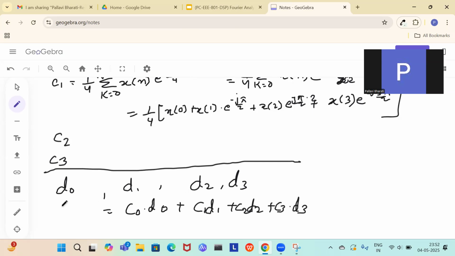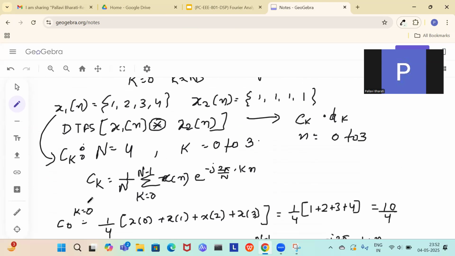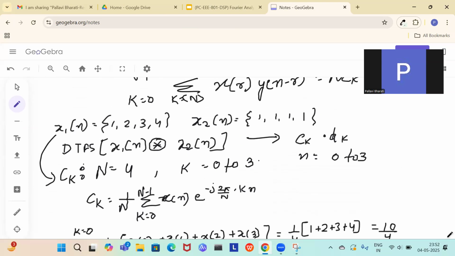So this one will be your final Fourier series coefficient. When you are convolving the signals in the time domain, it is multiplication in the frequency domain. So this is what you are going to do.